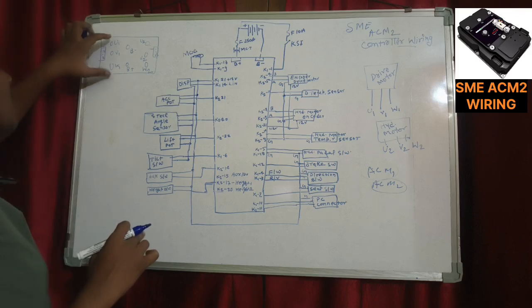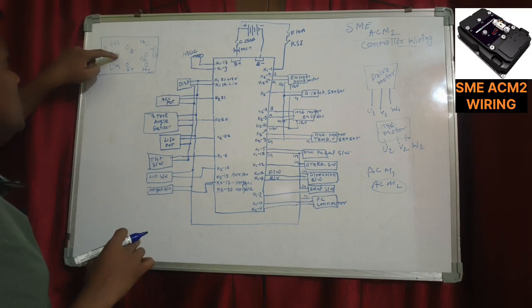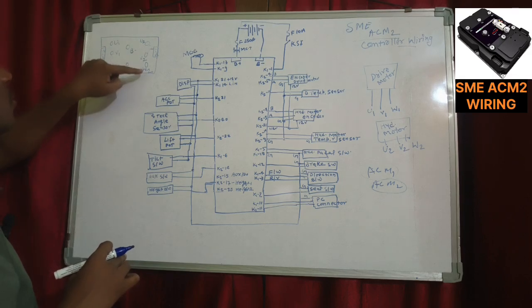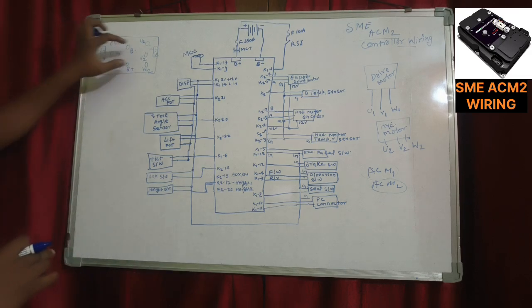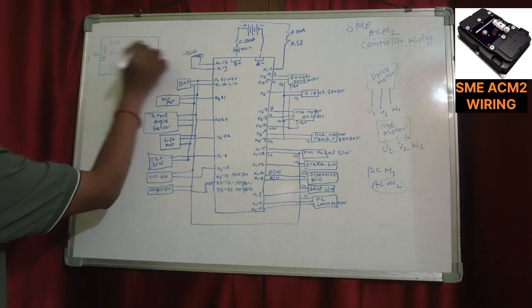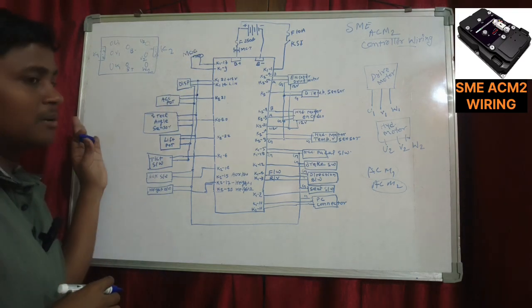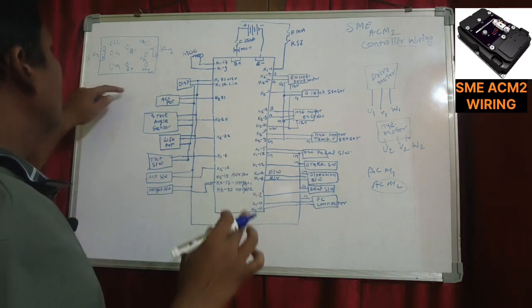The drive motor power ports are U1, V1, W1. The hydraulic motor power ports are U2, V2, W2, and there are two communication channels, K1 and K2. This is how the controller is represented.